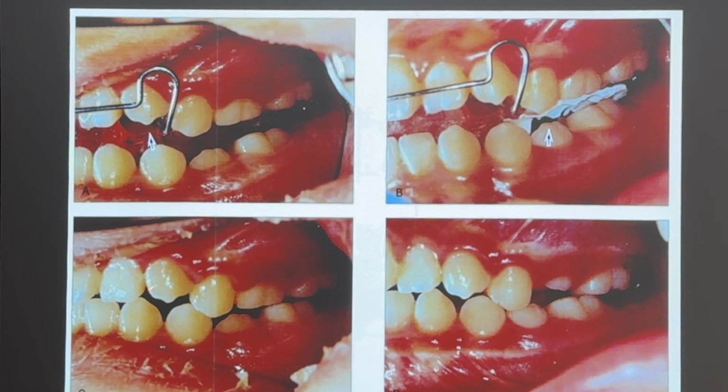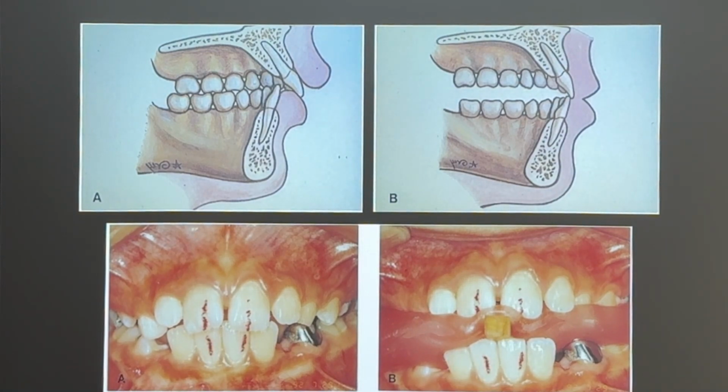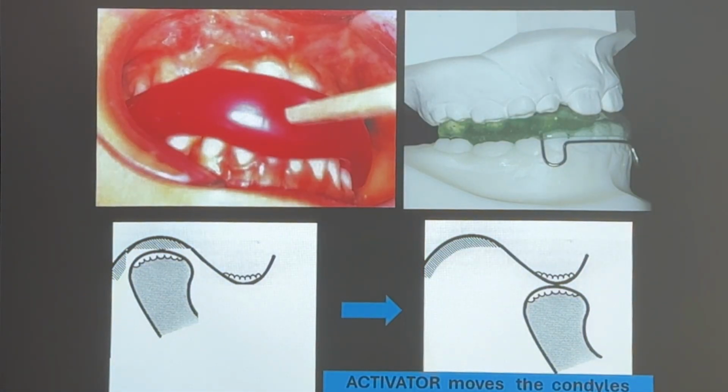So after that, the class 2 division 1 functional appliance will create a mandibular forward position or forward growth, and then now the teeth are touching together, and here the first molar is touching. So it depends on your selective grinding.